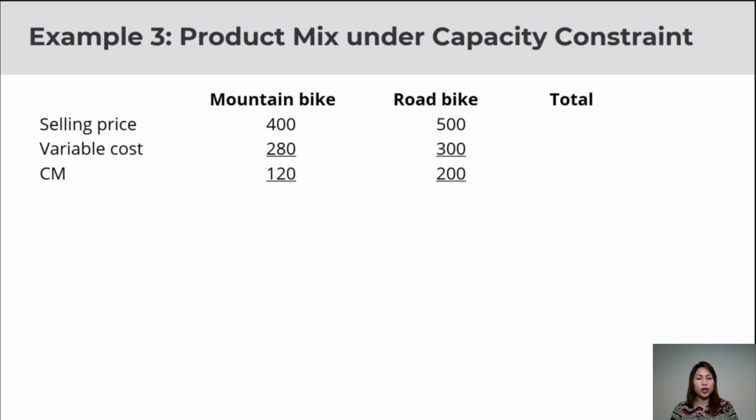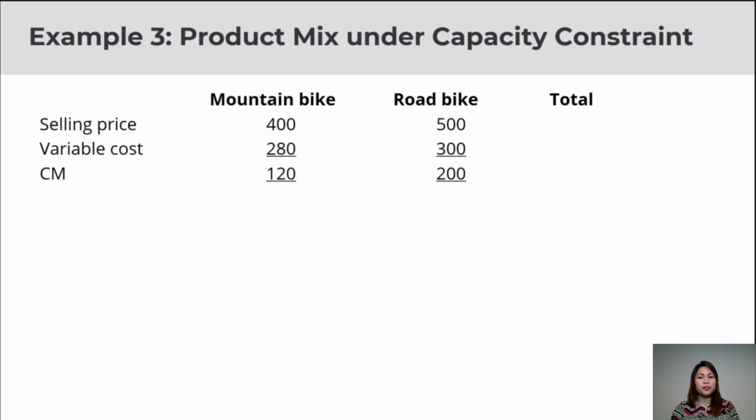Therefore, if we look at CMU, contribution margin per unit, road bike will give you more contribution margin compared to mountain bike. However, we need to consider that the constraint that the company has is the machine hours.